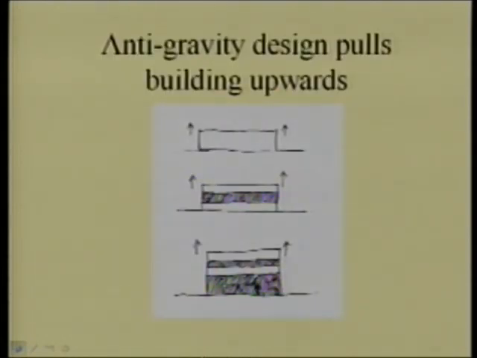And here is an example of the design that is a typology based on anti-gravity. You take your building and you pull it up, and then that stretching upwards breaks the building in half, and you have a horizontal line of windows all along, and then further pulling against gravity lifts the whole building up, and you have to support it by pilotis.